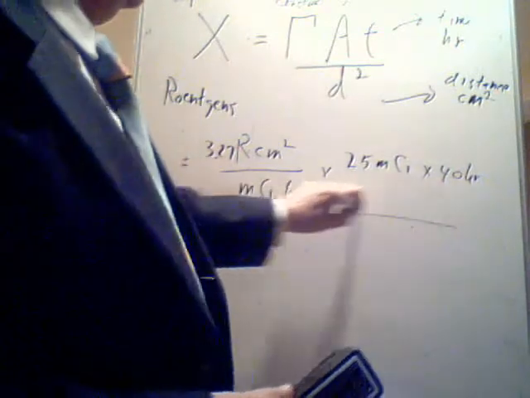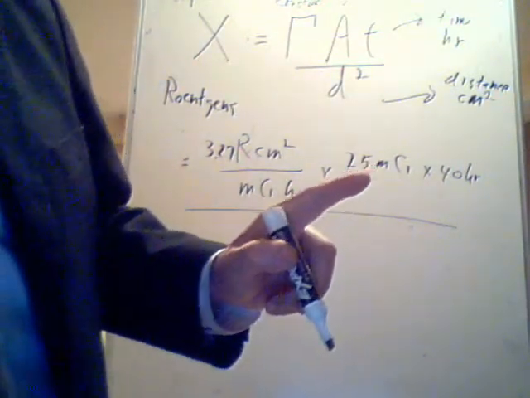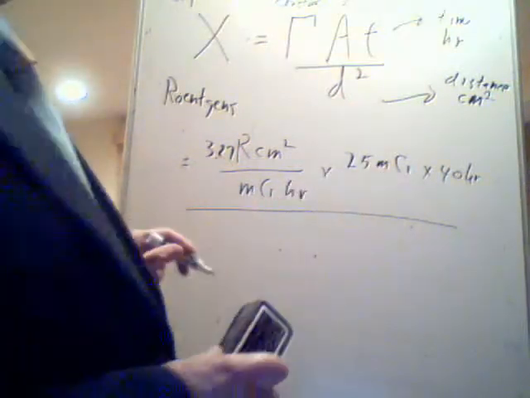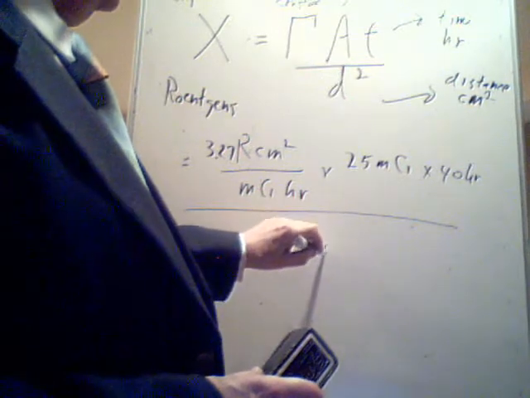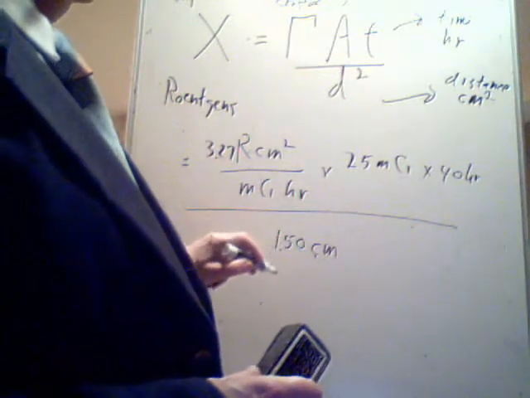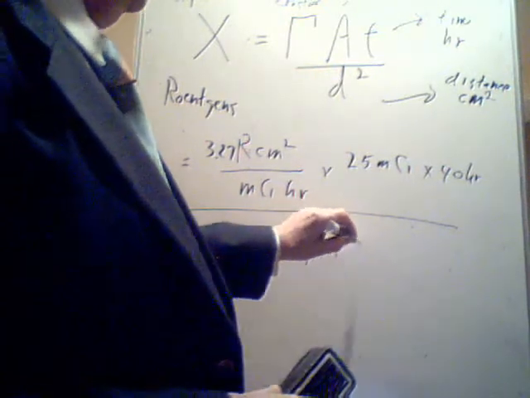This is a 40-hour week, divided by the distance, and the distance was given as 1.5 meters, but that becomes 150 centimeters, because we want all these units to be the same. So it's 150 centimeters squared.